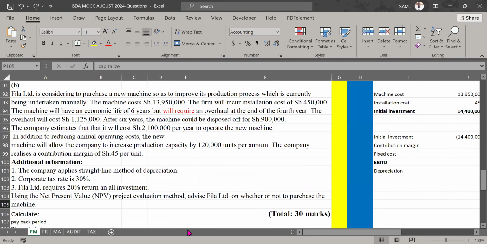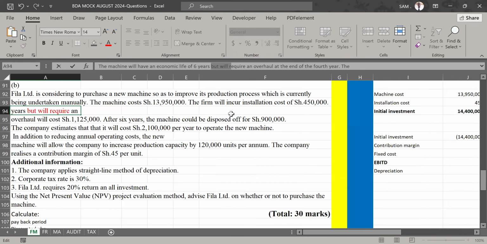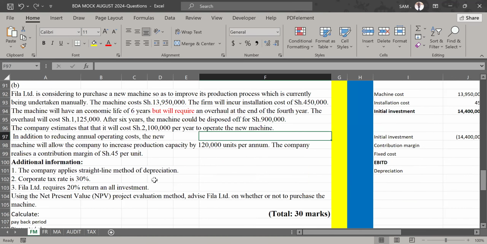Lucy, give me your interpretation of this word. The machine will have an economic life of 6 years, but what is your interpretation of that twist of words there?